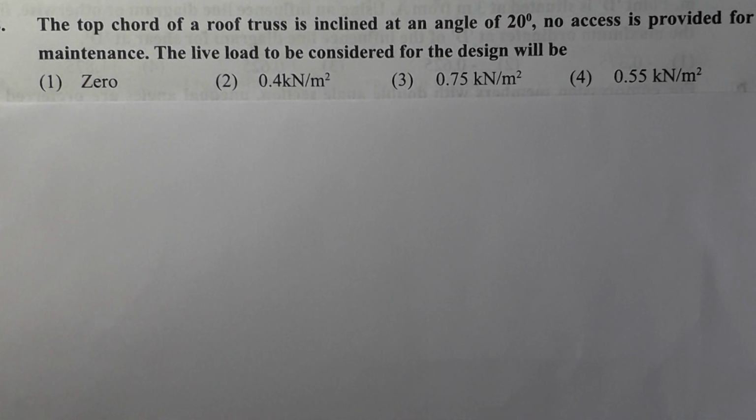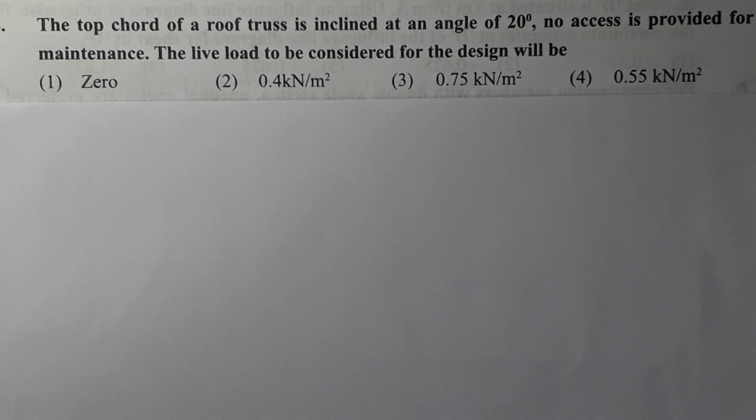Here if we refer to this table, we find that if access is not provided except for maintenance, the uniformly distributed imposed load measured on plan area can be considered as 0.75 kilonewton per meter square for roof membrane sheets or purlins, less 0.02 kilonewton per meter square for every degree increase in slope over 10 degrees.